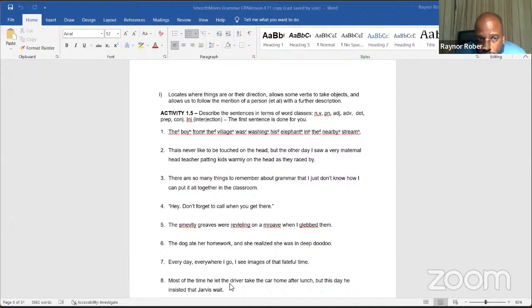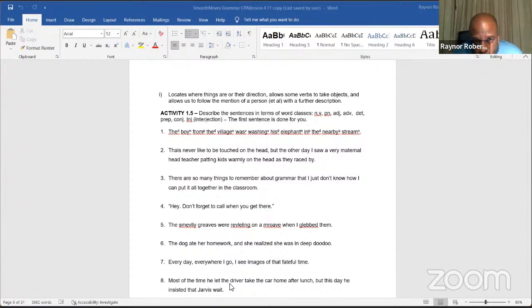Okay. So ties, noun, never adverb, likes verb, to be is a verb. Then you have touched, which is a verb. Then you have on, which is a preposition.